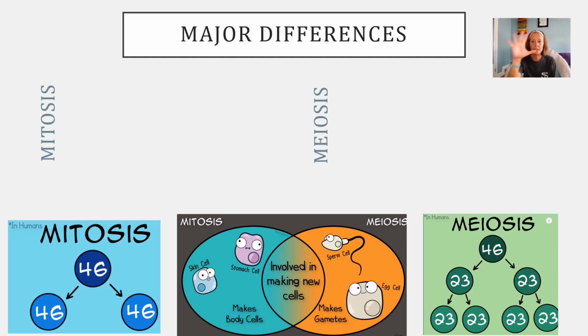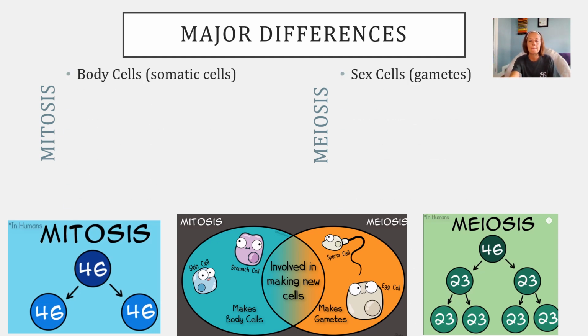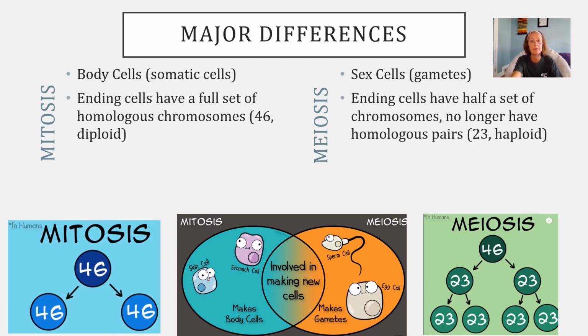So our major differences between mitosis and meiosis, right, is that mitosis forms body cells or somatic cells. Meiosis forms sex cells or gametes. In mitosis, you get a full set of chromosomes, so 46 or a diploid number if it's a different animal, right? And in meiosis, you end up with half the number. We're going to cut that number in half, so you no longer have homologous pairs.